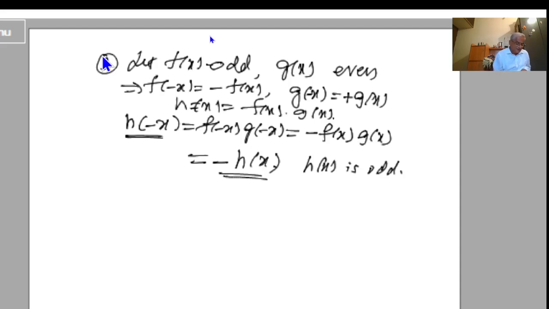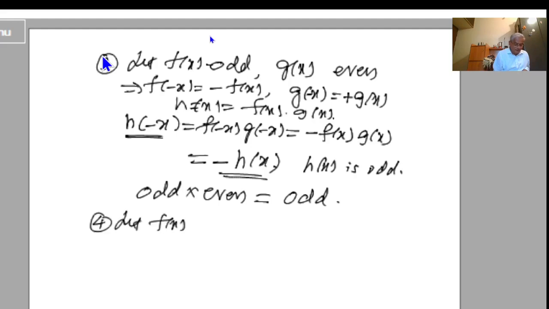What I have taken here is f(x) as an odd function times g(x) an even function, and this product I am getting as an odd function. Next case I will consider: let f(x) be odd and g(x) also an odd function.